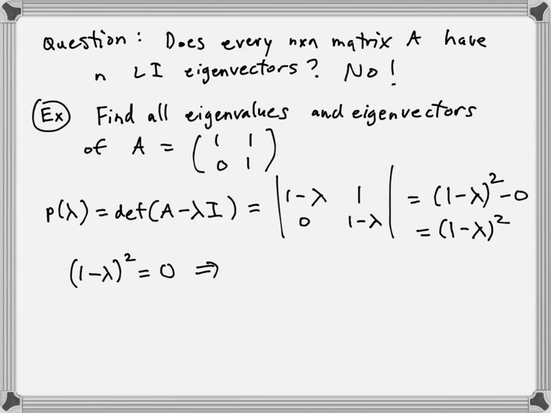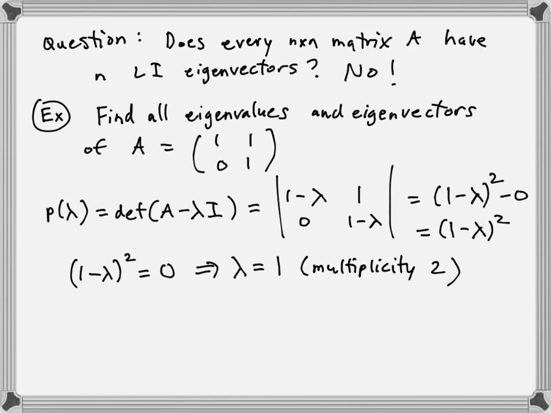This implies that lambda equals 1, and so we only have one eigenvalue. Notice that it has multiplicity 2. I'm going to write that down. Multiplicity 2. All of this stuff we're going to explore in greater detail in this chapter, okay? But we're writing all of this down now, keep a record, okay?